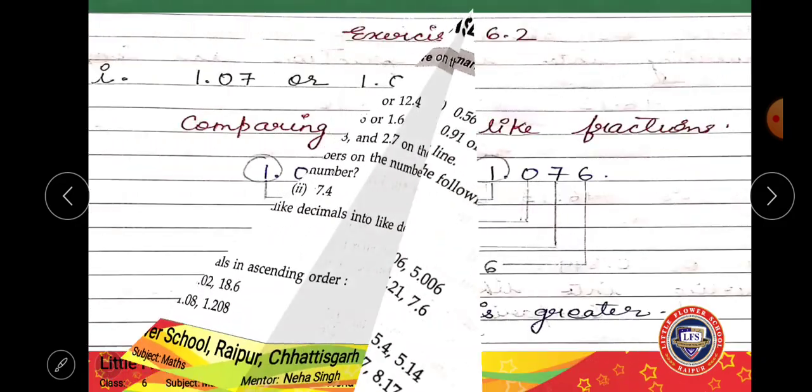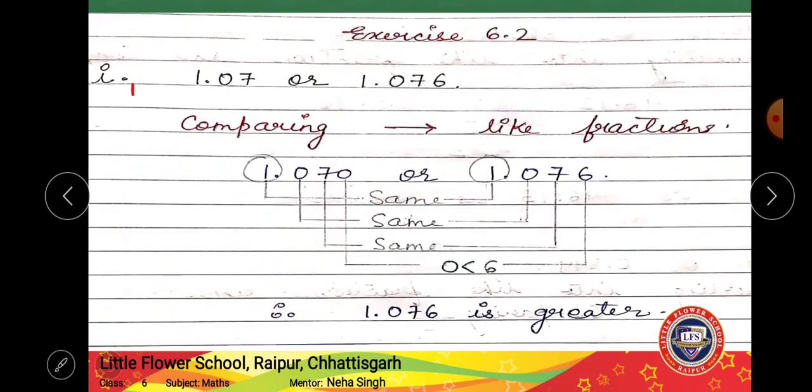So let us see the solution part. First is 1.07 and 1.076. So for comparing, we have to convert it into like decimals. See, here 3 places of decimals are there, here only 2, so we will put a 0.